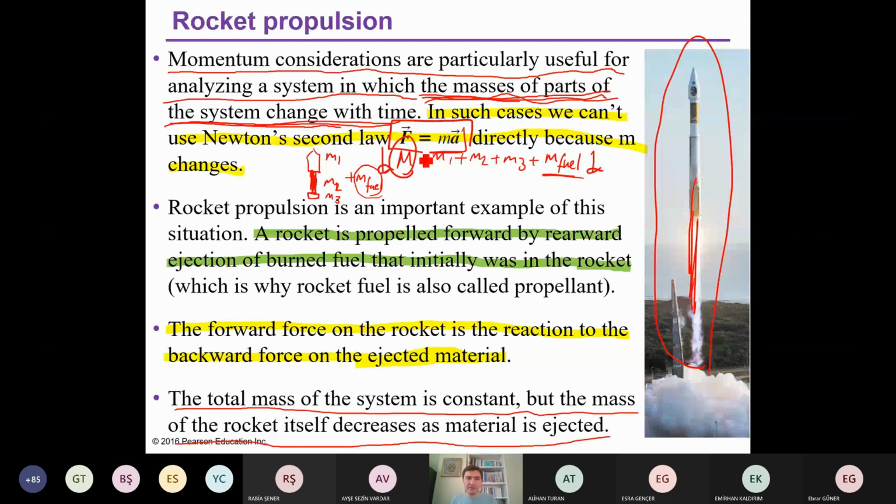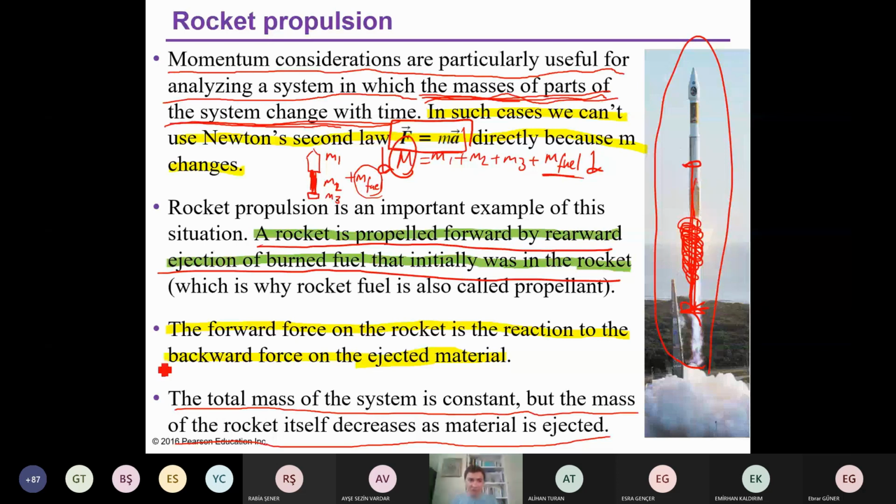A rocket is propelled forward by rearward ejection of burned fuel that initially was in the rocket. So eject the fuel, okay, in this direction, and then this produces a force in forward direction. You apply Newton's third law, okay?